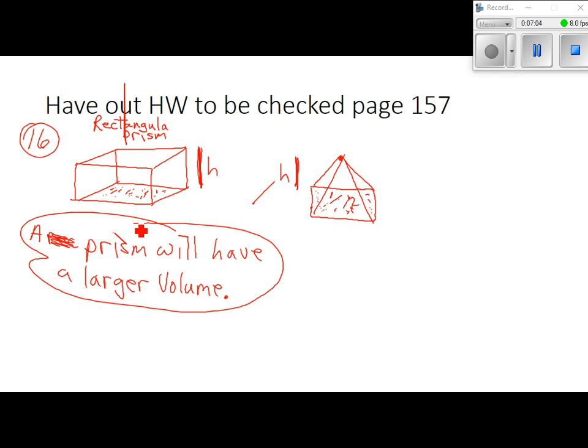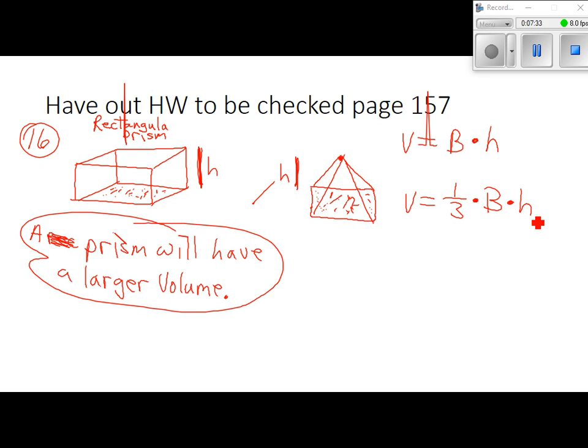Now the formulas that we had, the formula for a prism for volume was this. Volume equals big B times H. For a pyramid, the formula was volume equals 1/3 times big B times H. Can we be a little more precise with the volumes now, if we look at those formulas?